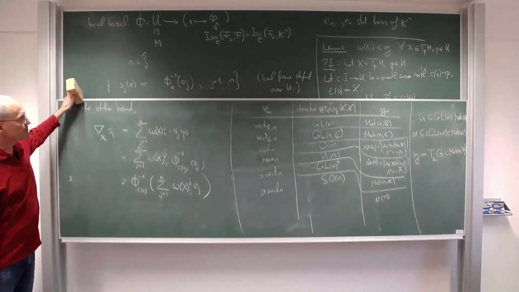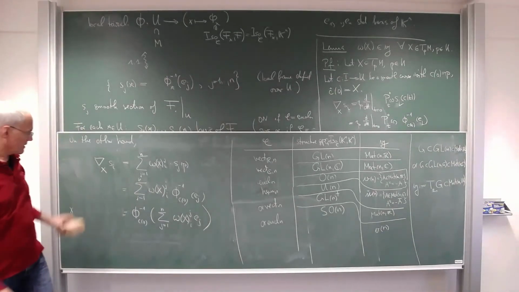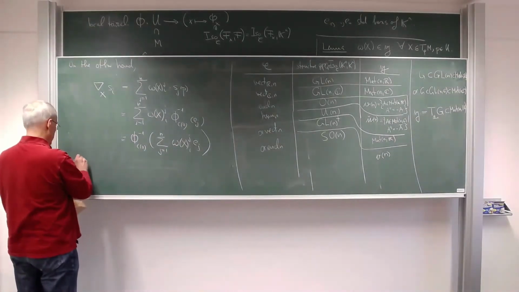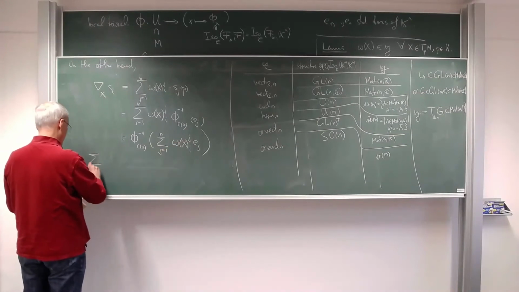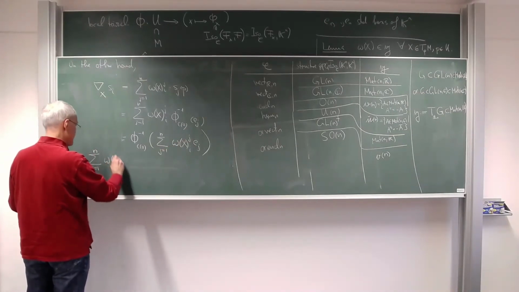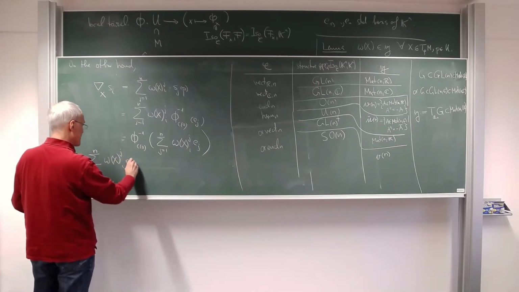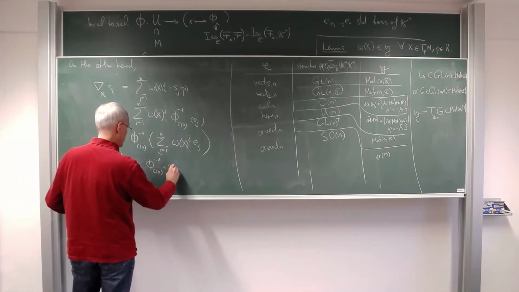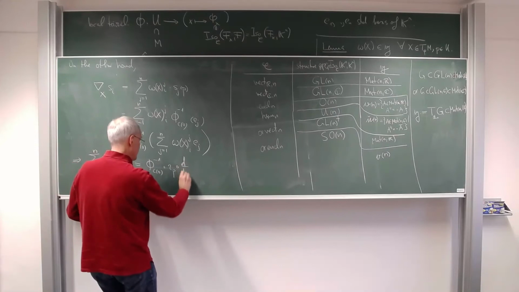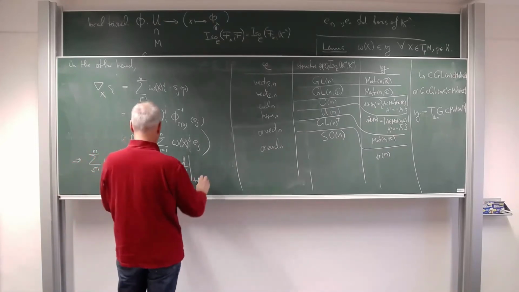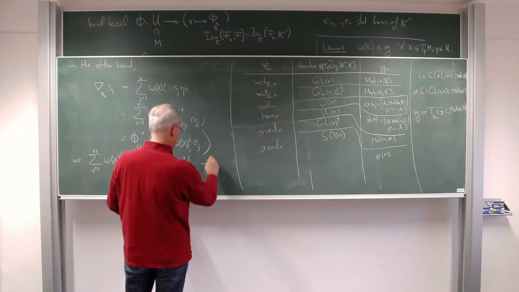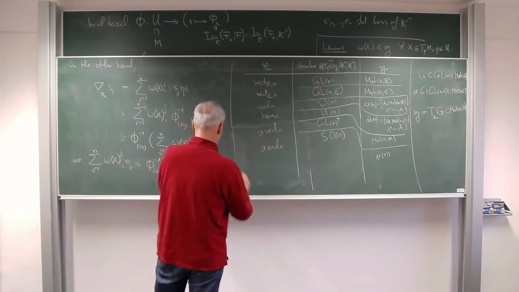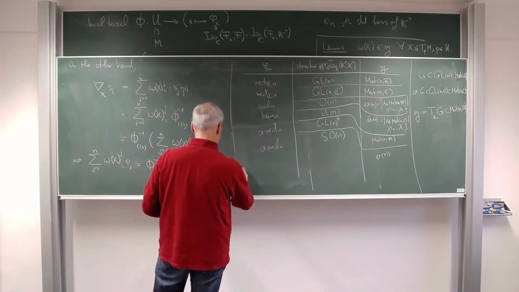And now we compare the expressions that we've got, and we see that this sum inside is equal to, I put the phi to the minus 1 on the other side, composed with ddt t equals 0 of parallel transport from t to 0 of phi c of t of ei.